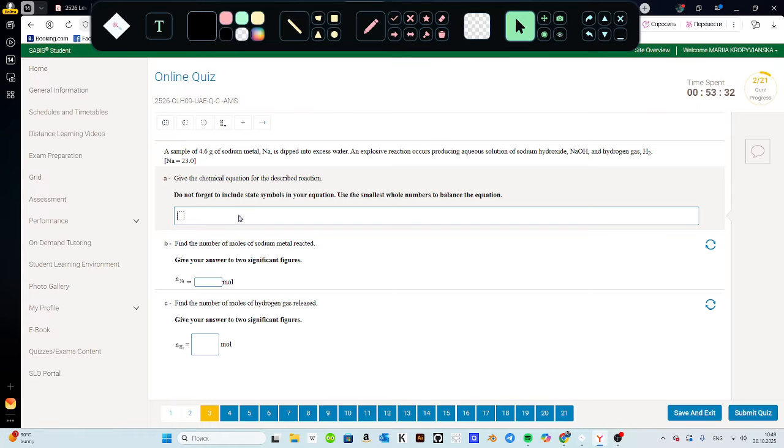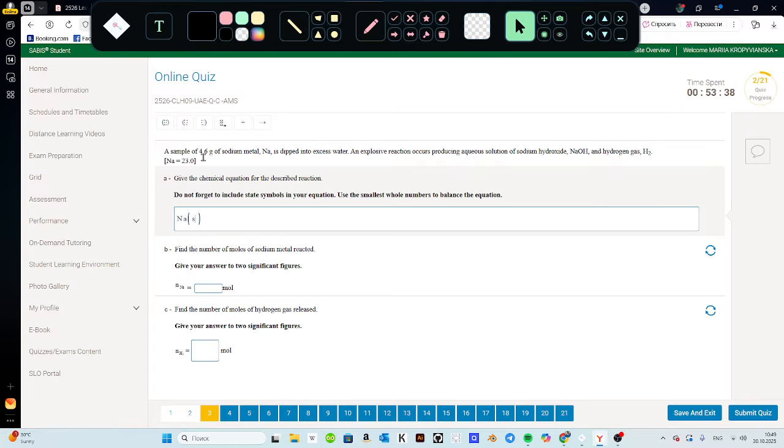Now, we need to write a balanced chemical equation first. So sodium metal, which is Na, that's a solid, plus excess water. We know that water is H2O, and it's considered a liquid, of course.